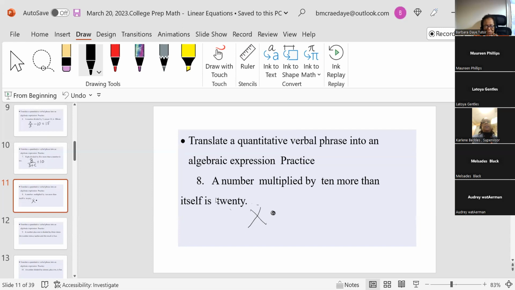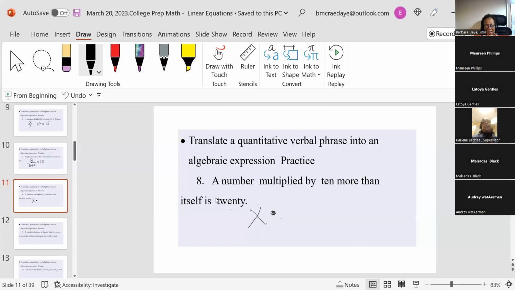Why are you switching from X to B? It said itself. Latoya likes to switch variables. It says more than itself, so those numbers have to be the same.